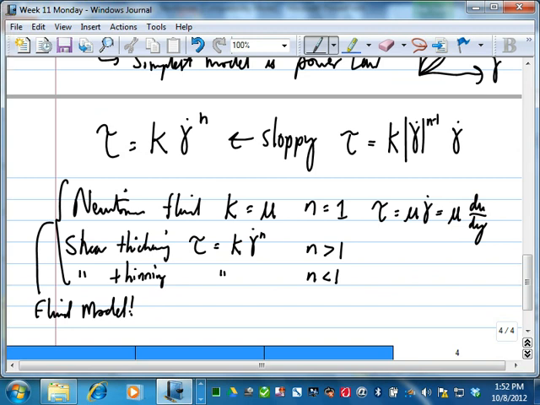We assume that it behaves like this, and then we try to curve fit and try to find a K at the end. If you get a good value, a nice curve fit, then it's a good fit for the model. If not, then maybe the model cannot be used for that particular fluid. So it's just a model curve fit.